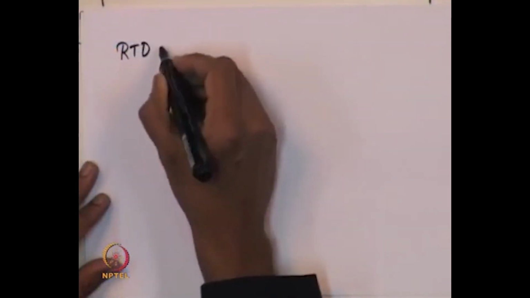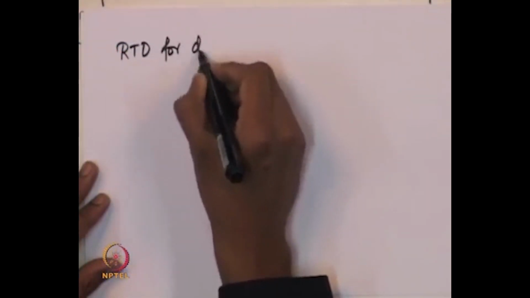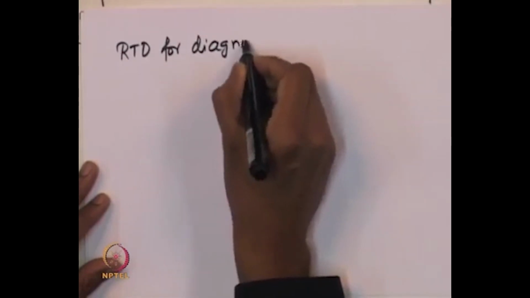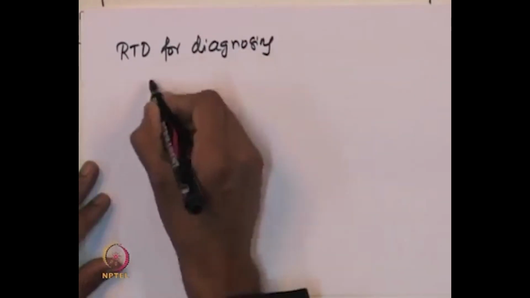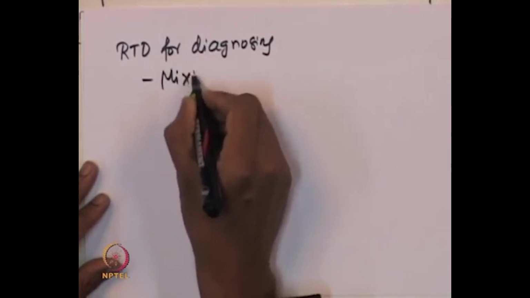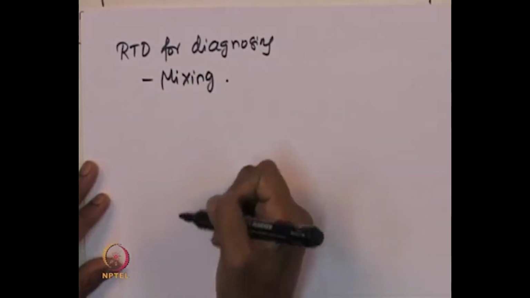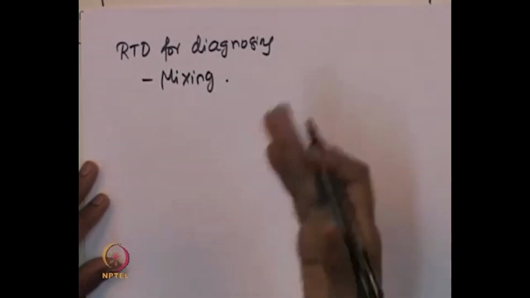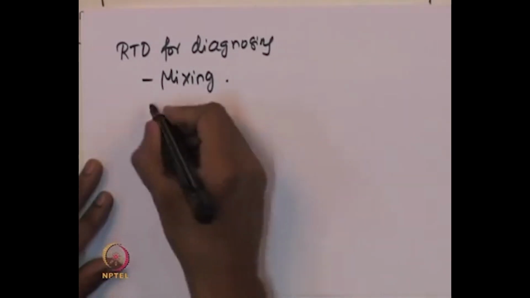So, we know that the residence time distribution function is used for diagnosing various aspects of the non-ideal reactor. For instance, RTD is used for diagnosing the extent of mixing, and we will look at it in a little more detail in this lecture and the next lecture.